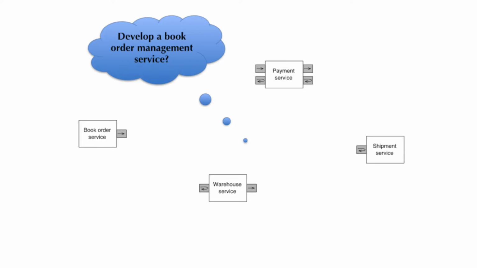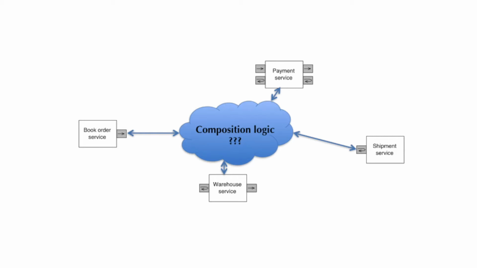And the question we want to answer, at least partly, in this and in the next two videos is how to develop the composition logic inside this new service, so as to bring together and glue together these services that typically have been developed without knowing about each other and without thinking about being integrated into something new.